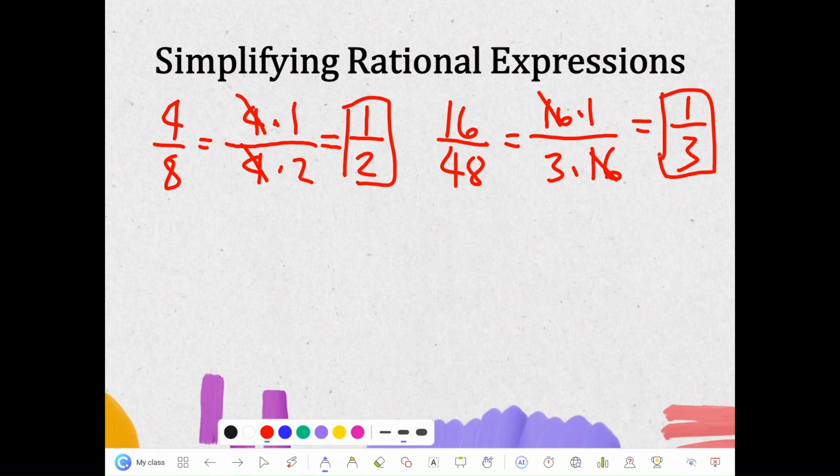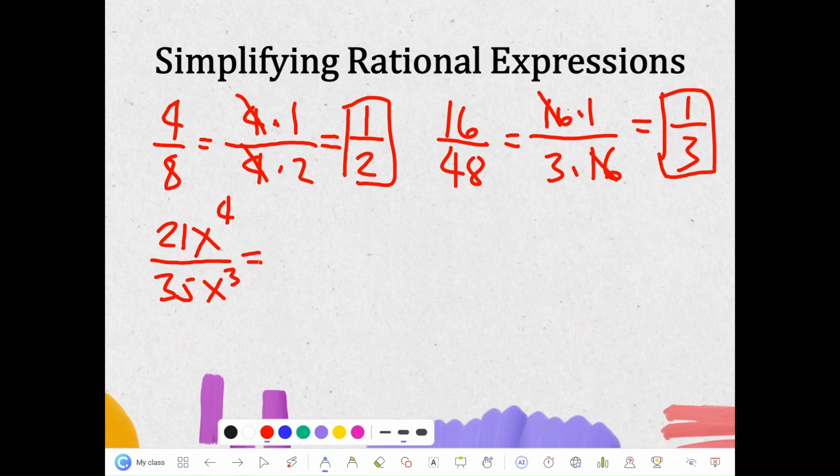Kapag binigyan naman kayo ng rational expression na may variable, say for example, 21 x to the 4th over 35 x cubed, ang gagawin nyo dito, for you to simplify this expression, is you expand the terms.